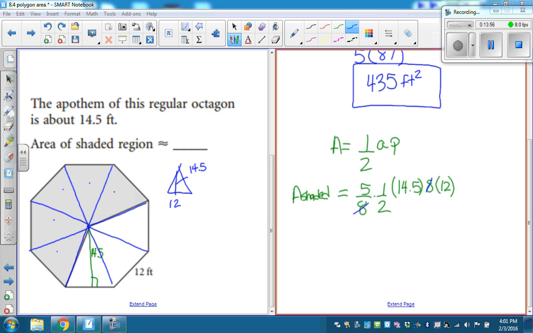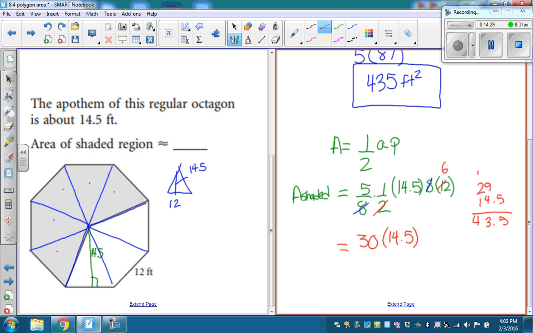No calculator math. The 8s cancel. 2 goes into 12 6 times. And so now I have 30. 5 times 6 is 30 times 14.5. And so 3 times 14.5 is 29 plus 14.5, which is 43.5.